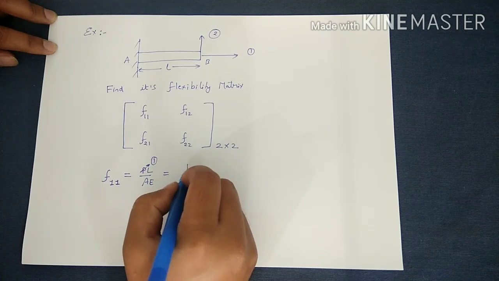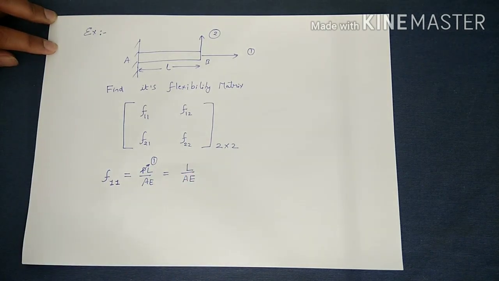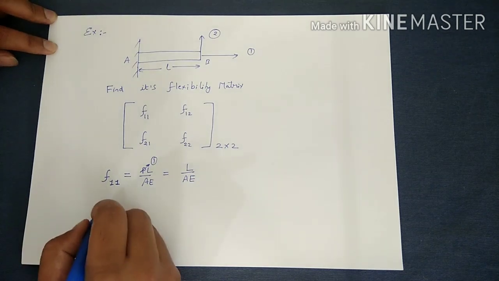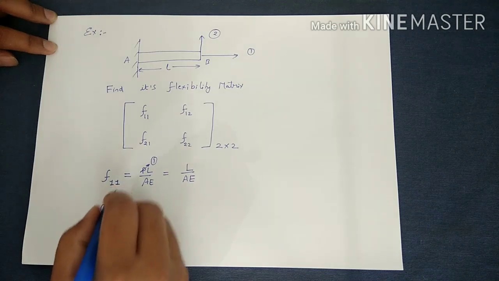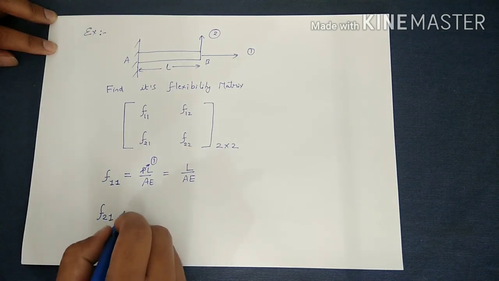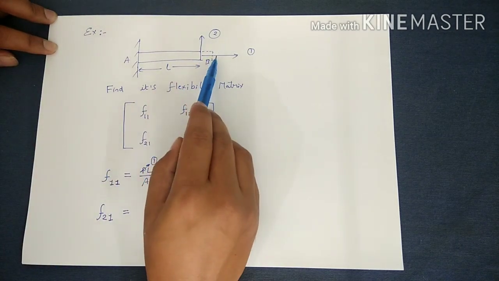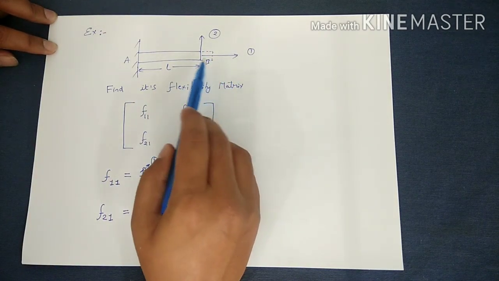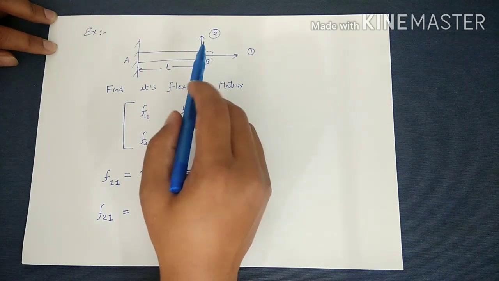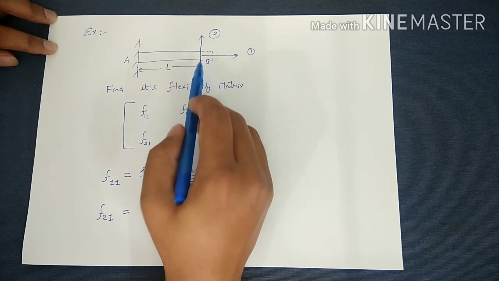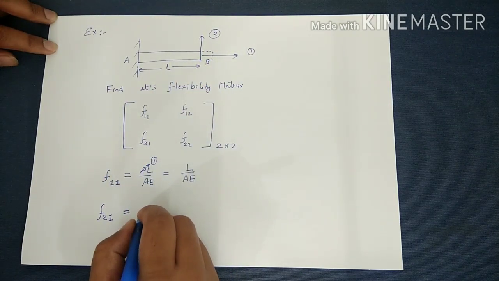Therefore, it will be equal to L upon AE. Now, flexibility at 2 due to unit load applied at 1. Since the direction of force is this side, the deflection will be in the same direction. There will be no deflection transversely. Therefore, it will be 0.